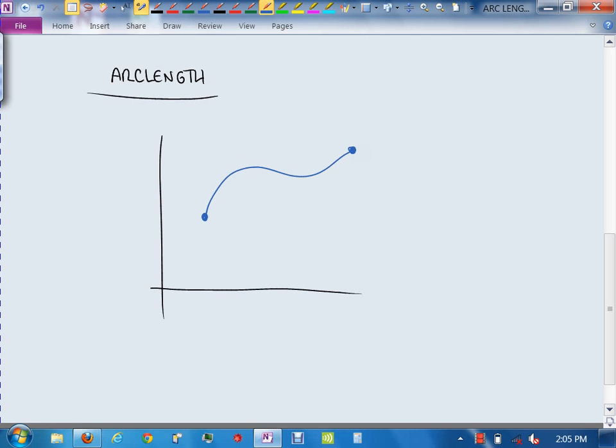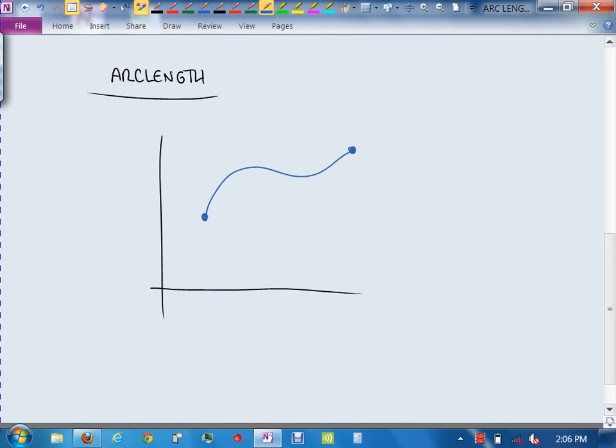I walk up there, I pull the string off the board and straighten it out and measure its length. Does that make sense? How long is it? That's the idea. So we're not measuring the area underneath. We're not rotating anything around. We're just pulling that off the page and straightening it and getting a ruler out and measuring it.